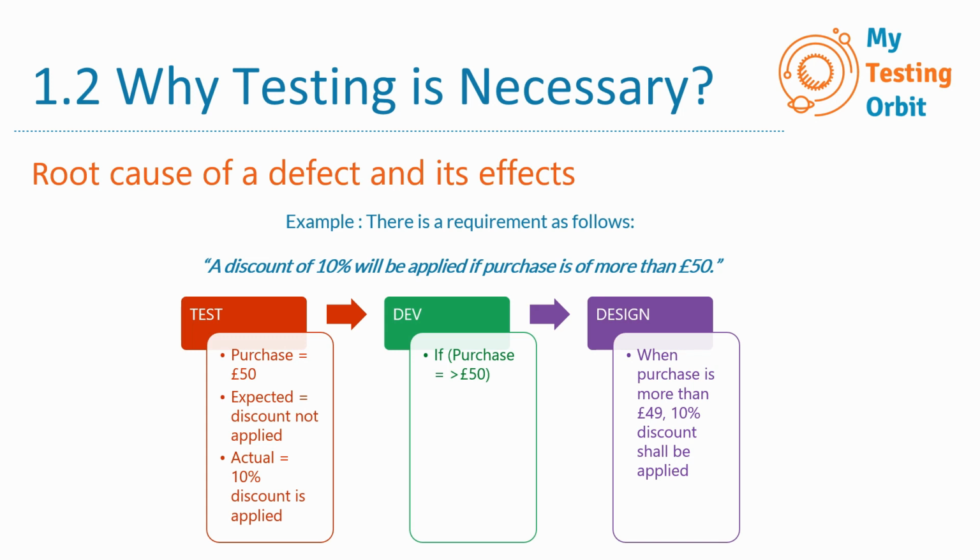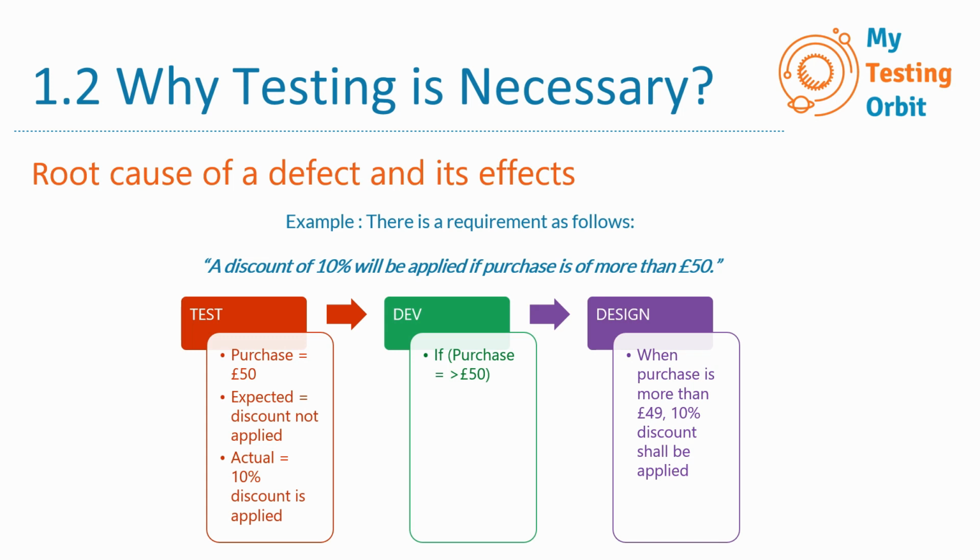Based on this design, the developer added this line in the code. So the issue was in the design, which led the developer to write this code, and in testing we then spotted that defect.